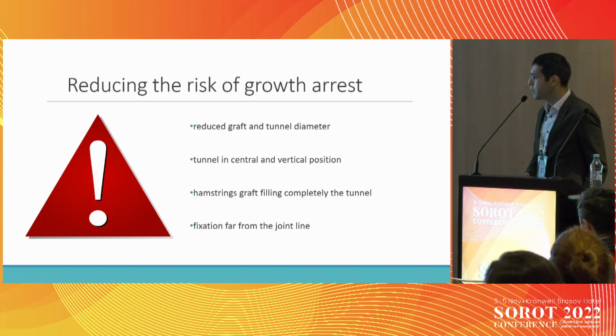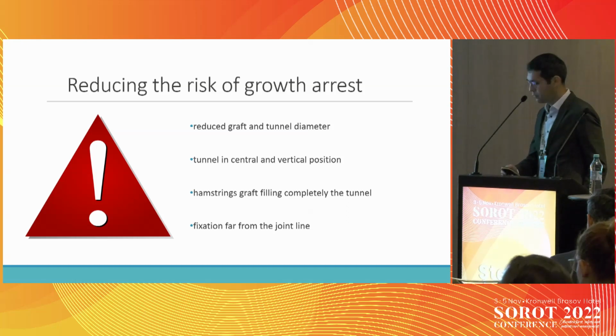Also, it is recommended to position the tunnel as central and as vertical as possible, but keeping in mind that we have to think about the anatomic reconstruction as well. It is important that the tunnel should be completely filled by the graft and the fixation done away from the joint line.